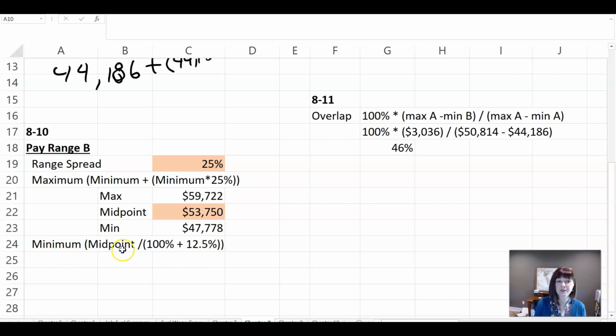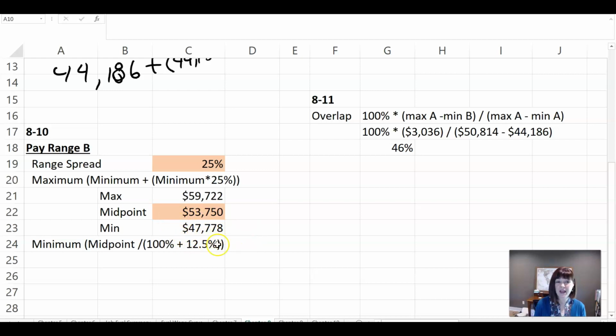So the minimum is the midpoint, 53,750, divided by 100% plus 12.5%, which gets you 47,778.